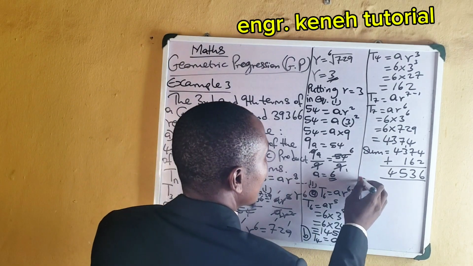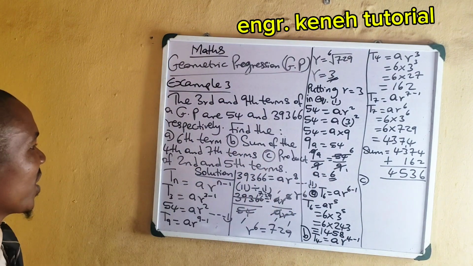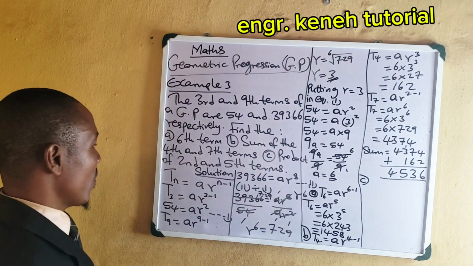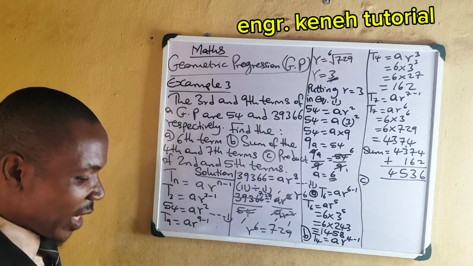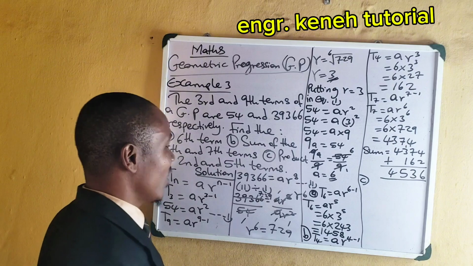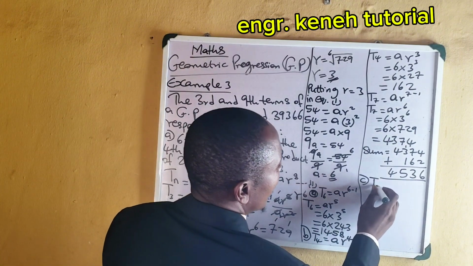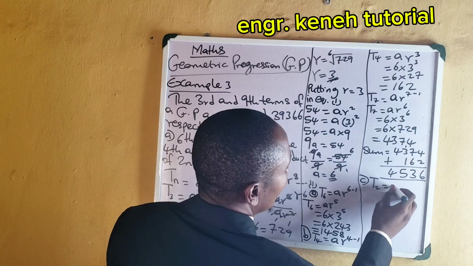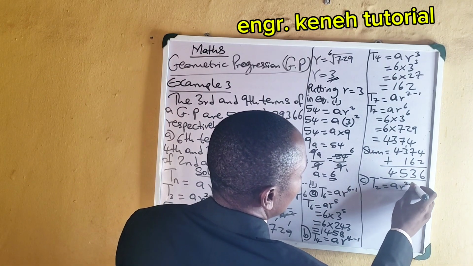All right, next one we do is number C. C says find the product of second and fifth terms. So first of all we find the second term, find the fifth term, then multiply together in order to get the product. The second term, T2, is A R with 2 minus 1.